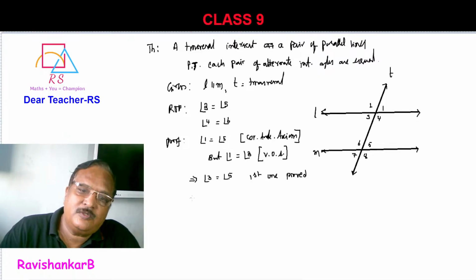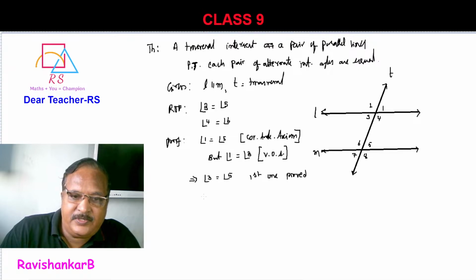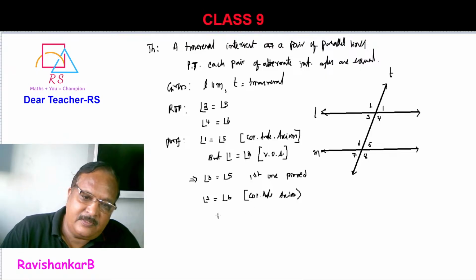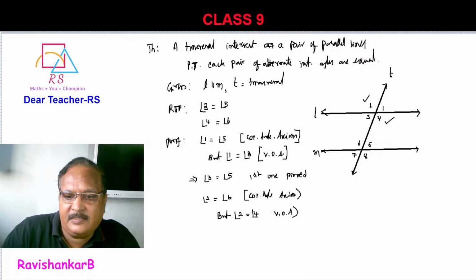Then how to prove the second one? Angle 2 is equal to angle 6, by the corresponding angle axiom. But angle 2 is equal to angle 4, vertically opposite angles.